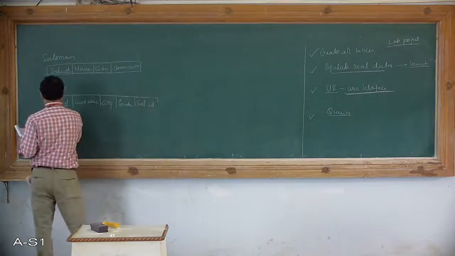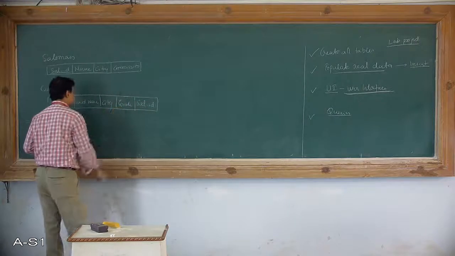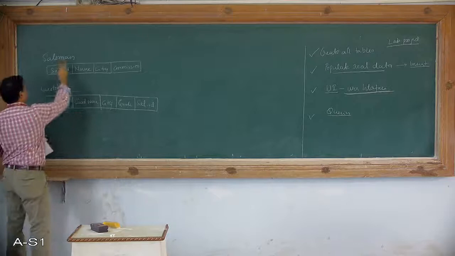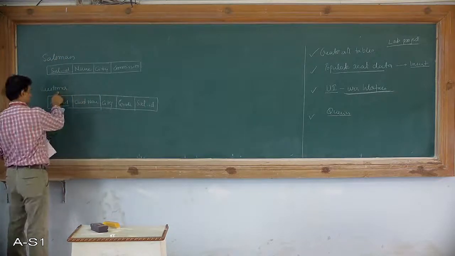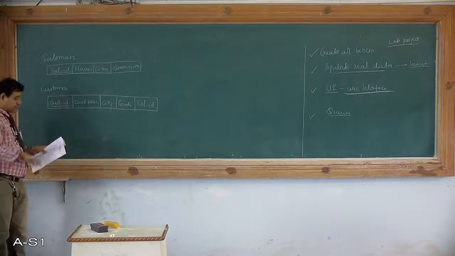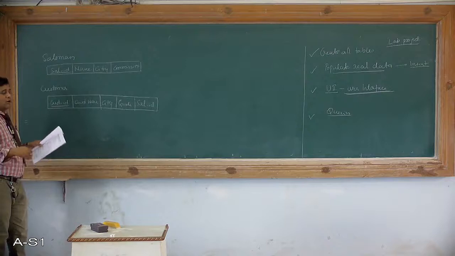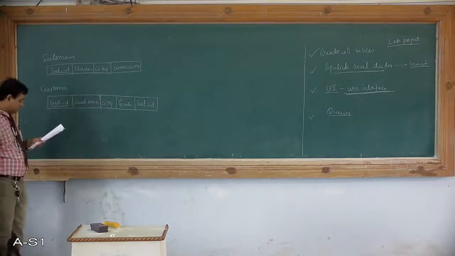Why do we have salesman ID? Because there is a link between customer and salesman. This salesman has sold some items to this customer, so to manage which customer bought the product from which salesman.